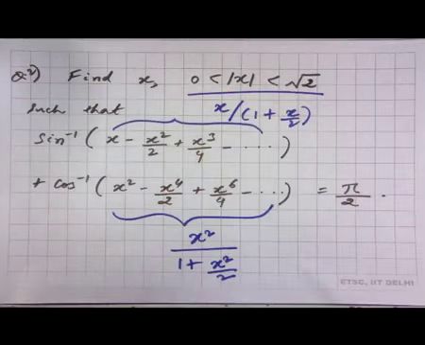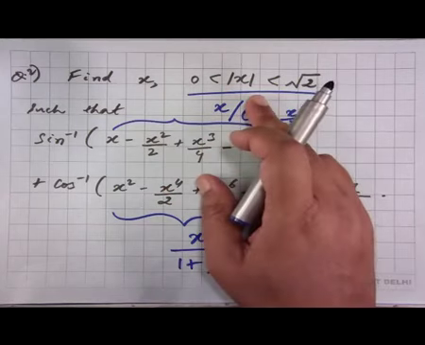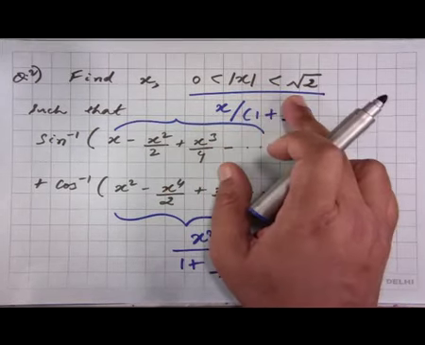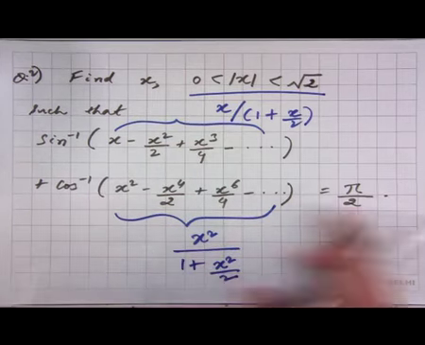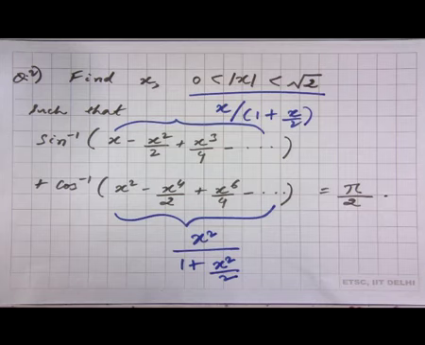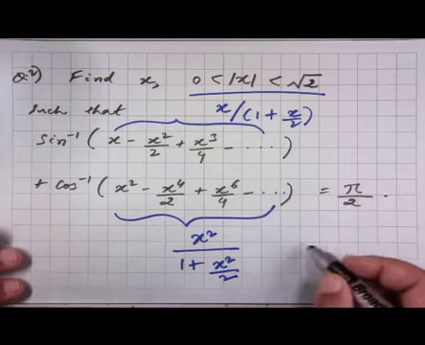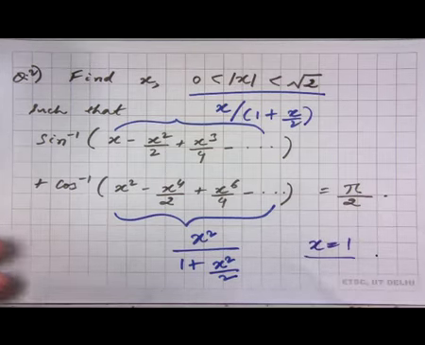So, the final answer to this question is that the only value of x with modulus less than root 2 which also satisfies this equation is x equal to 1.